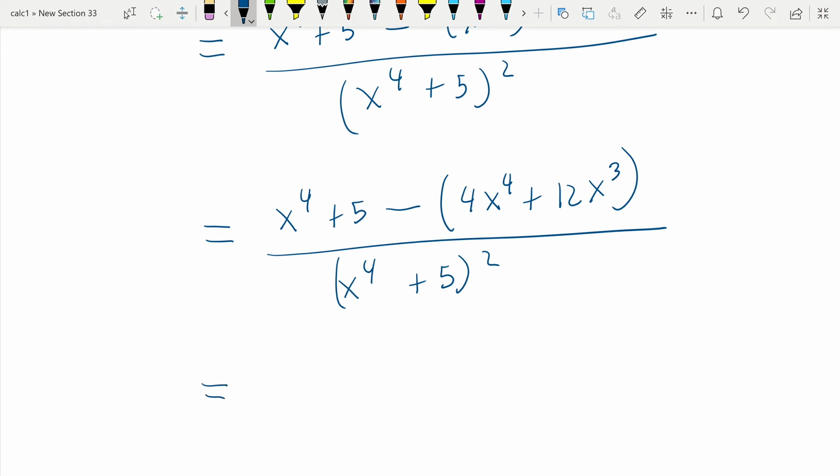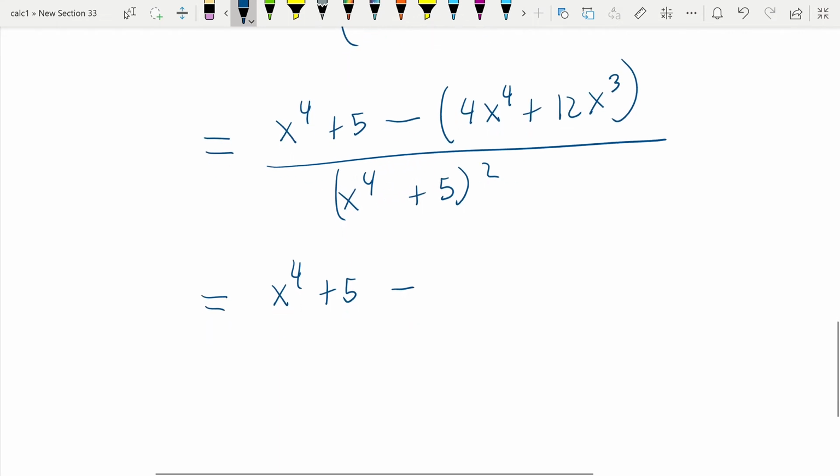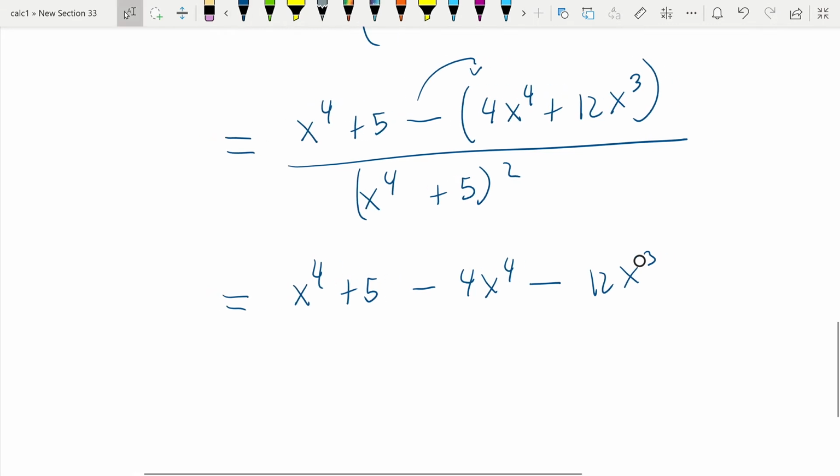This is equal then to x^4 + 5 minus 4x^4 minus 12x cubed. Once I bring this minus sign inside, it flips all the signs inside the parentheses.